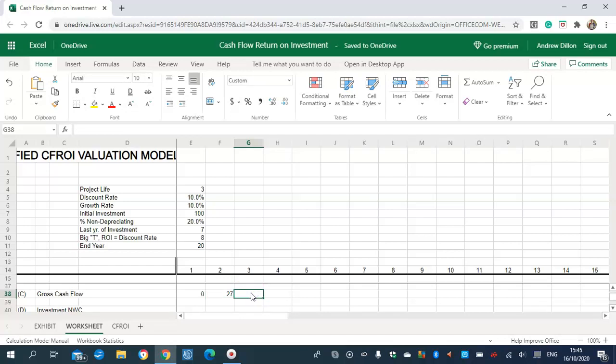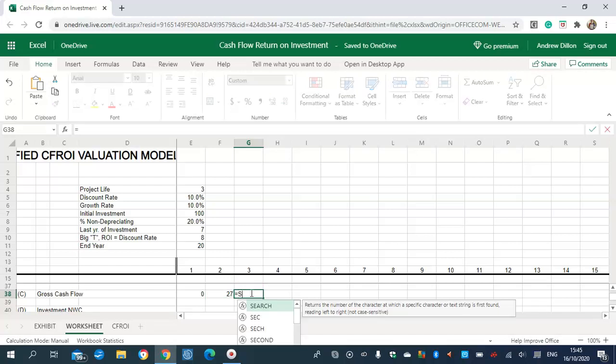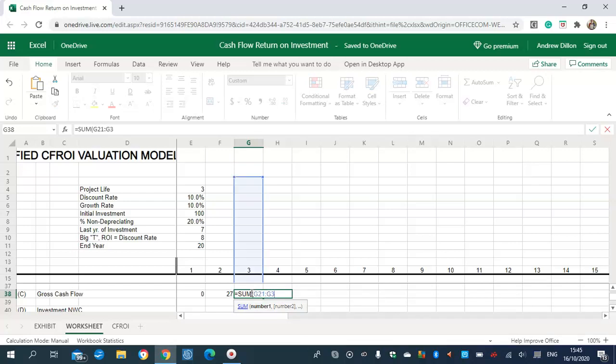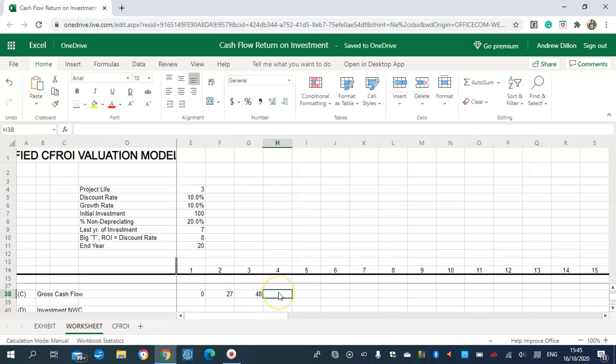$27 for number 2. So number 3 equals SUM, J21 to J36, 48.